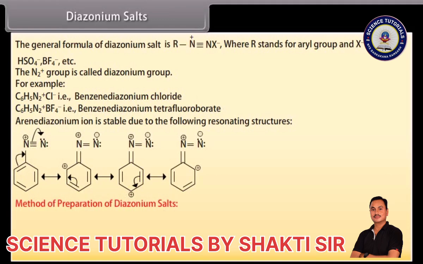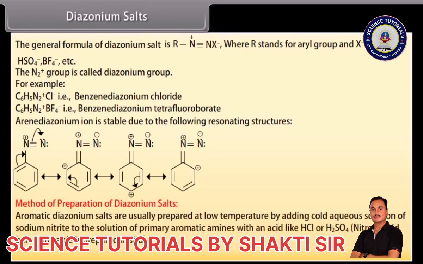Method of preparation of diazonium salts. Aromatic diazonium salts are usually prepared at low temperature by adding cold aqueous solution of sodium nitrite to the solution of primary aromatic amines with an acid like hydrochloric acid or sulfuric acid, because nitrous acid, being unstable, is prepared in situ.